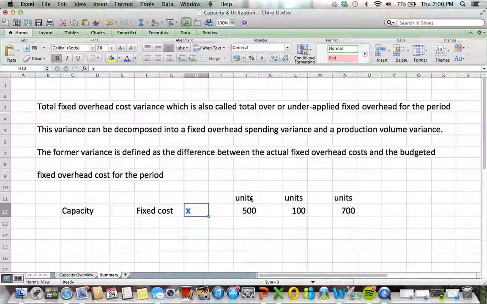So the idea is, if you plan on doing 500, that's your full capacity. If you do 100, you're wasting some of the capacity. Or if you're doing 700, you're stretching beyond capacity. You're having a favorable one. And if you're not using capacity, that could be an issue. That could drive certain business decisions.